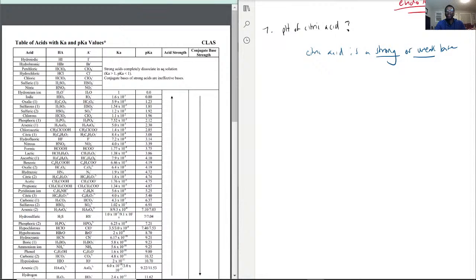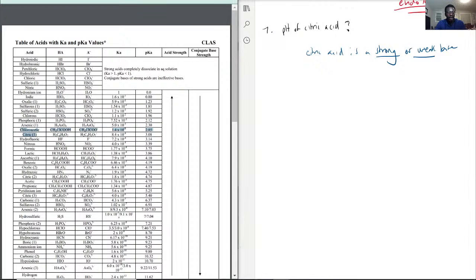Strong acids dissociate completely with water, so the concentration of acid directly correlates with the concentration of your H3O, hydronium ions. For weak acids, that's not the case. There's not complete dissociation. So the concentration of your acid is always going to be more than the concentration of the hydronium ions present, because the acid does not dissociate completely. It wouldn't equal each other. So with all that being said, let's look at the table.